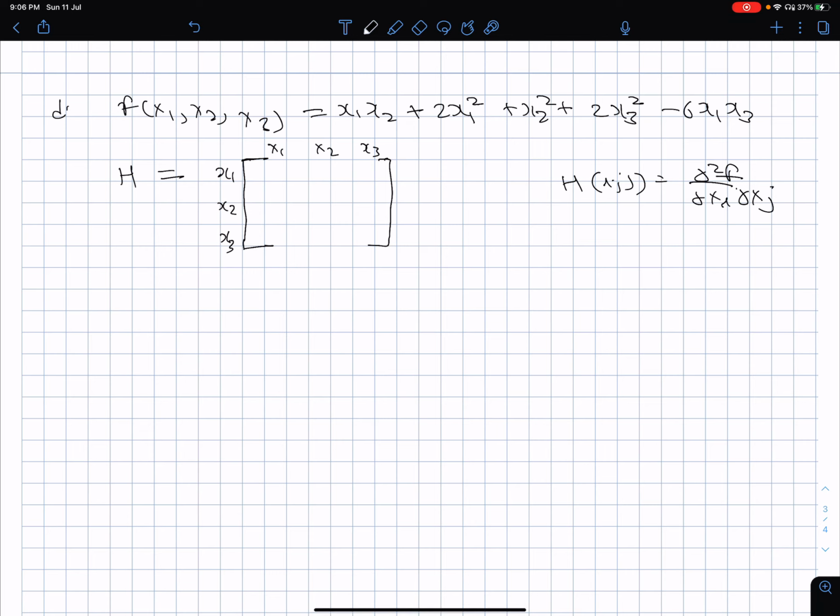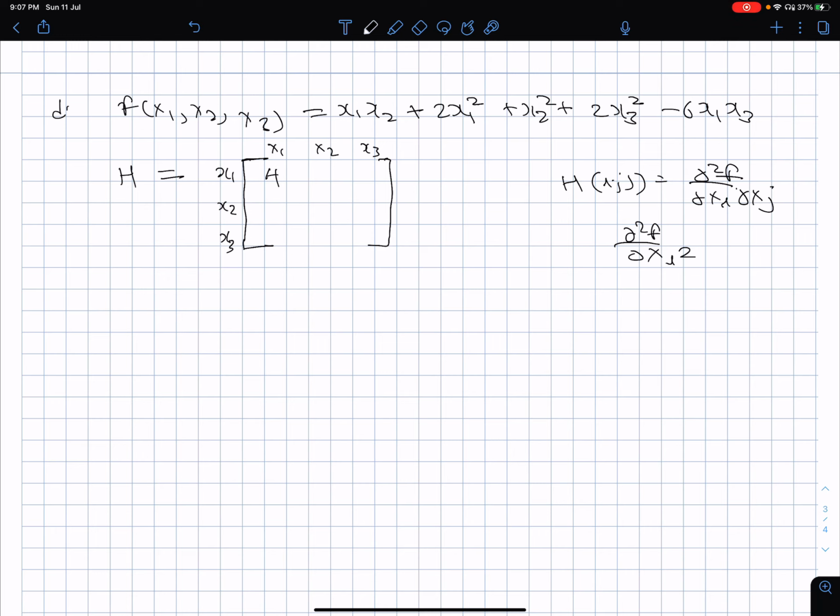So the diagonal terms are going to be del square f by del xi square. So the first term is going to be del square f with respect to del x1 square. The square term in x1 is only 2x1 square, so twice of that, 2 twos are 4. The 4 is going to come here.